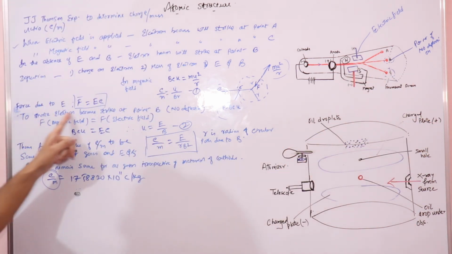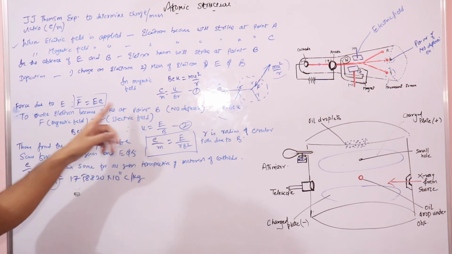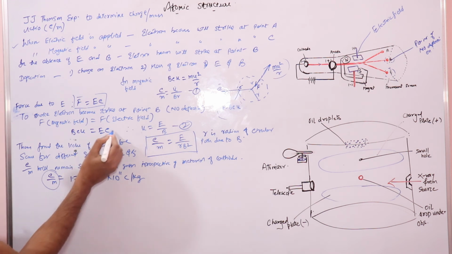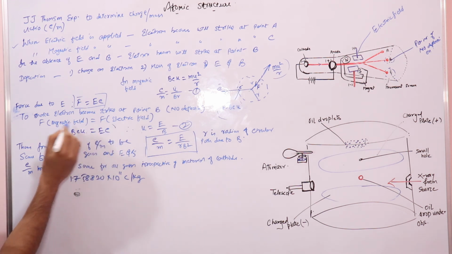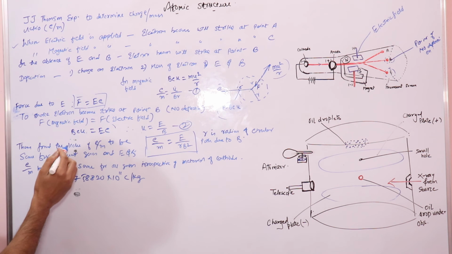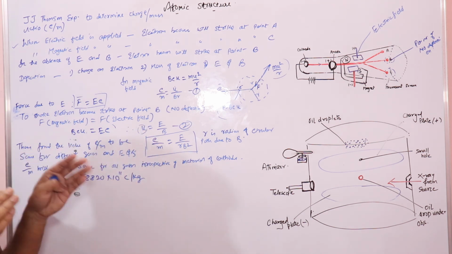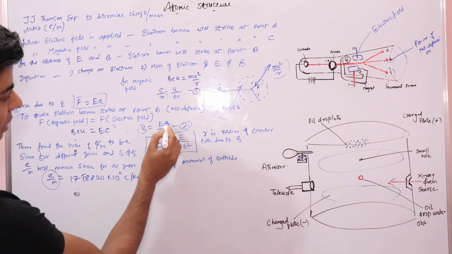So the case of no deflection is when the force eE, this force due to electric field, is equals to force due to magnetic field, eBu. So from here we find this u, which is the velocity with which electron is moving. So it's E upon B.